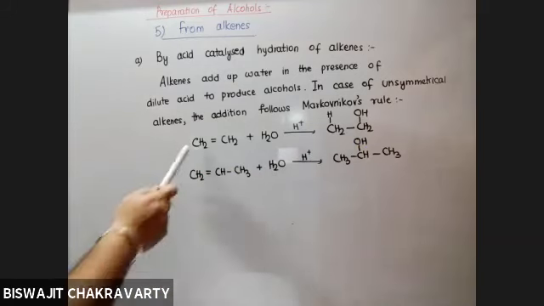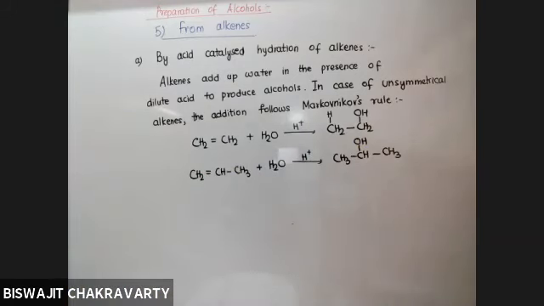So out of the two, where is Markovnikov's rule followed and where is it not followed? In the second one, Markovnikov's rule is followed. Why? Obviously, because it's an unsymmetrical alkene. Yes. Clear?